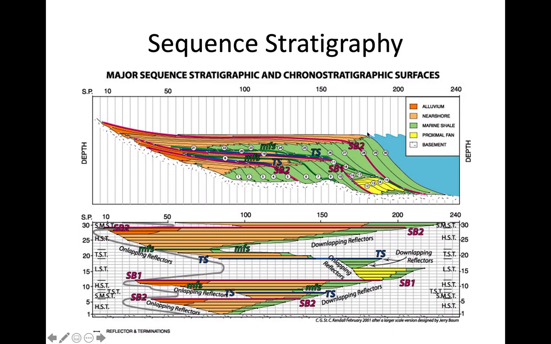So here we see a number of different depositional environments: alluvium, a river, near shore, marine shale, proximal fan, and basement. All right, there's the basement. And what we see is a vertical stacking pattern that changes, right? That's Walther's law. We know environments that extend horizontally stack vertically in the rock record. And what we can see is that there's changes through time.